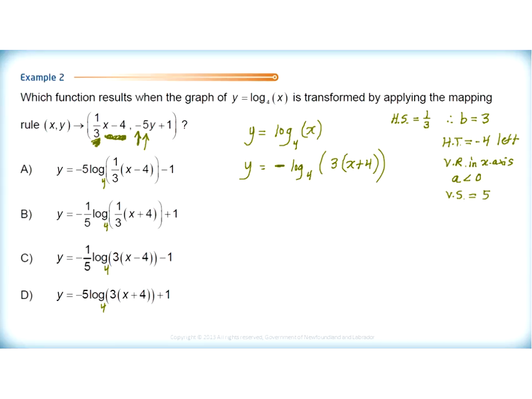So in front of the log we will see the coefficient -5. And then the plus 1 at the end will also be a plus 1 in the equation, which represents a vertical translation of 1 unit upward. So the equation that resembles this function is as follows, and that answer corresponds with D as the multiple choice answer.